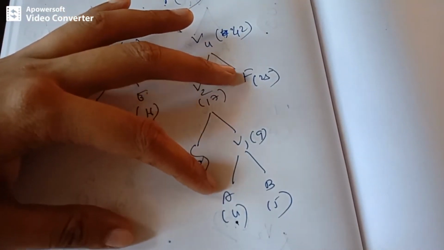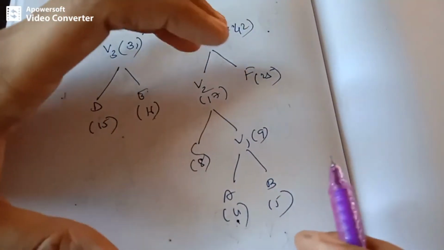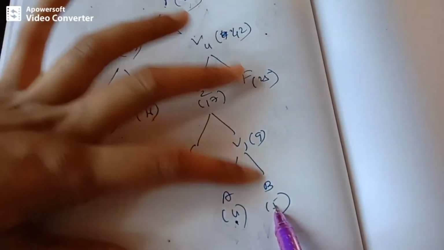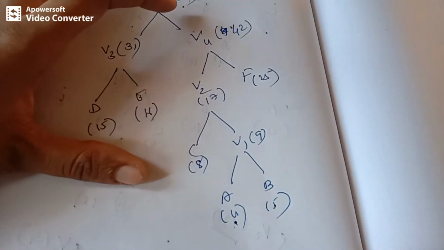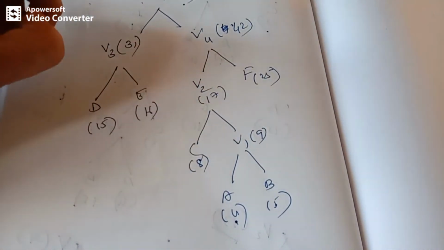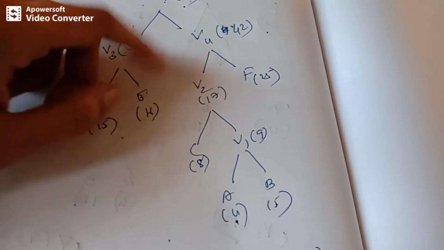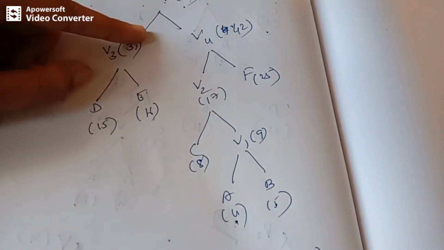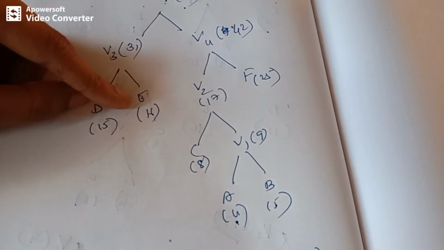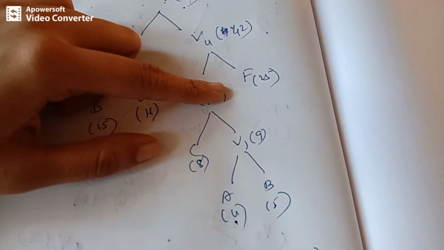So we take the weight times the level for that particular node. Likewise, 5 times level 4. And then next calculate for C, it is 8. And what is the level? It is 3. So 8 times 3, plus for D, 15 times 2, for E again 16 times 2, and for F again 25 times 2.